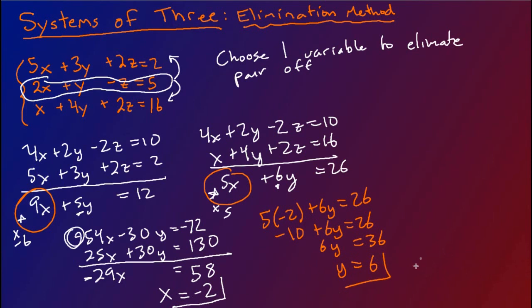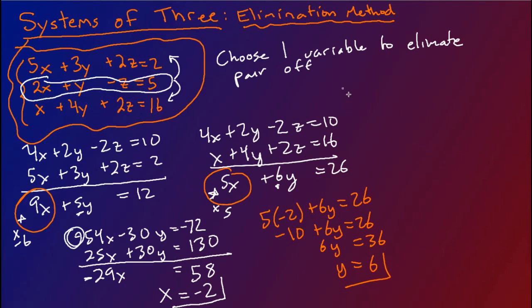So now that I have negative 2 and 6, now I can go back to one of my equations up here. I can do any of these 3 equations and put the other 2 values in that I've obtained. I'm just going to choose the one that I circled. So I have 2 times negative 2 plus 6, replacing that in.